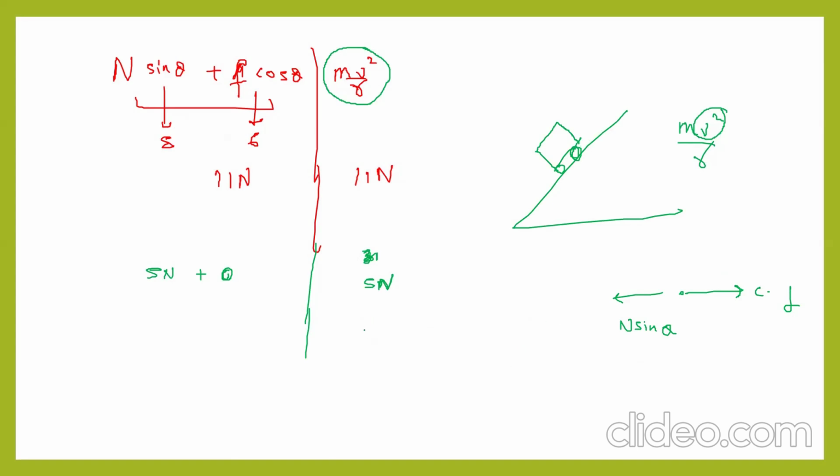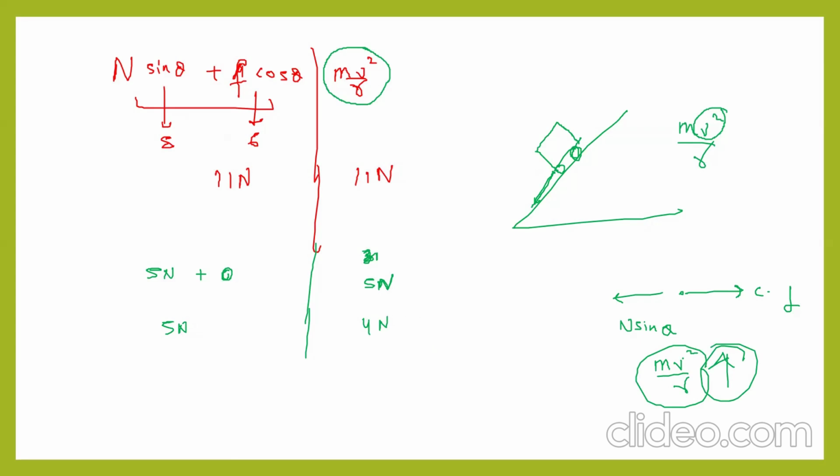If you are decreasing the centrifugal force to less than 5, say 4 Newton, then the net force of n sin theta will increase. Then this car will move towards the center. It means its radius will decrease. When the radius decreases, then again it will increase.